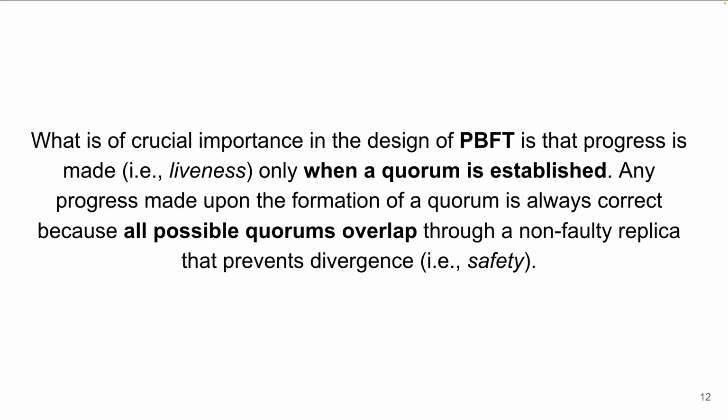But the most important thing is that you only make progress if a quorum is formed, and if a quorum is formed, then it guarantees safety because any other future quorum will intersect with the quorum that was just formed. So once the commitment quorum is formed, we guarantee that any future recovery quorum will have at least one node in their intersection.